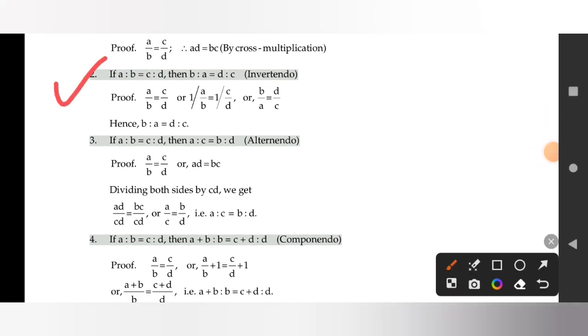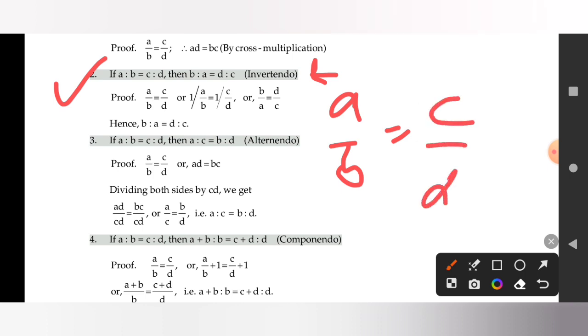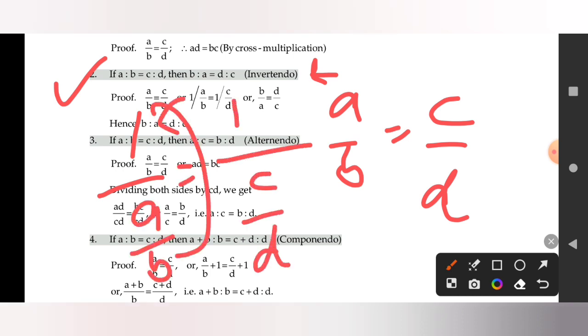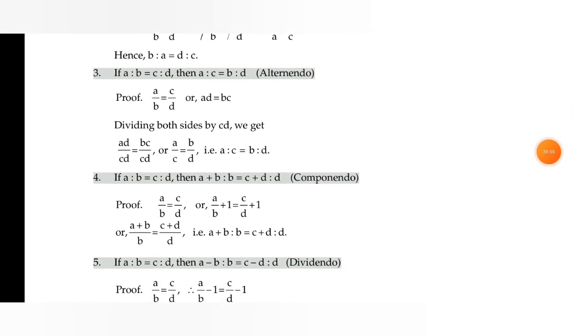Next. If A is to B is equals to C is to D, then B is to A is equals to D is to C. This is invertendo. How will you prove this? Proof is, you know that the inverse ratios are equal. So A by B is equals to C by D. So invert it, 1 by A by B is equals to 1 by C by D. So it comes out as B by A is equals to D by C. This is invertendo.